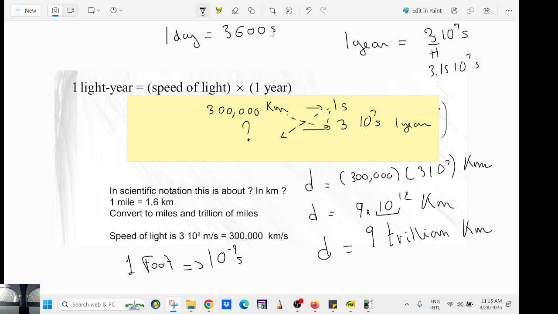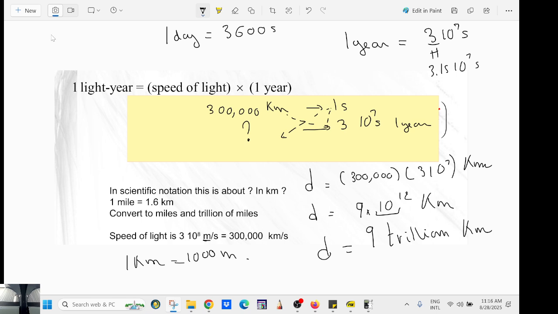Yes. It says the speed of light is 3 times 10 to the 8. Oh, did I make a mistake? Oh no. Why? Okay, good question. Can you tell me why? Because what? Yes. Because this is meters and I converted that to kilometers. So 1 kilometer is 1,000 meters.